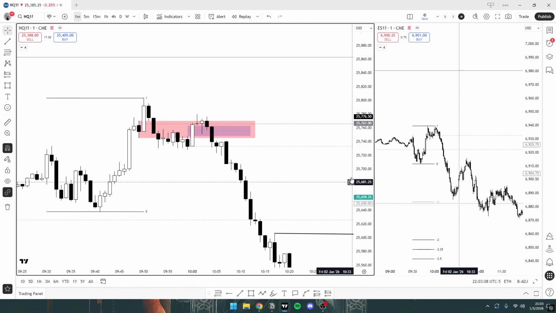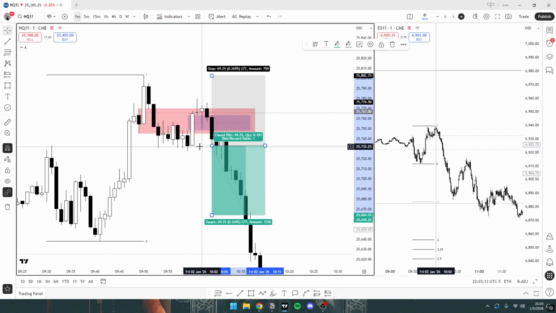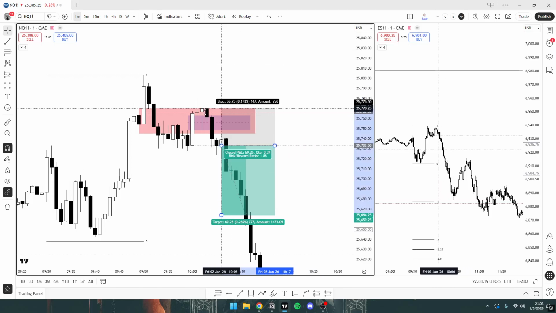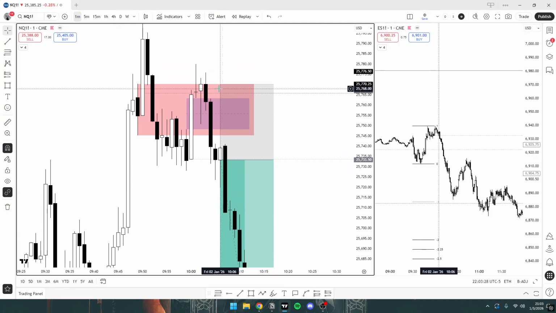So here we could limit 10 a.m. right after we close here. We would limit 10 a.m. right when this closes below, even though it was just a little bit below.